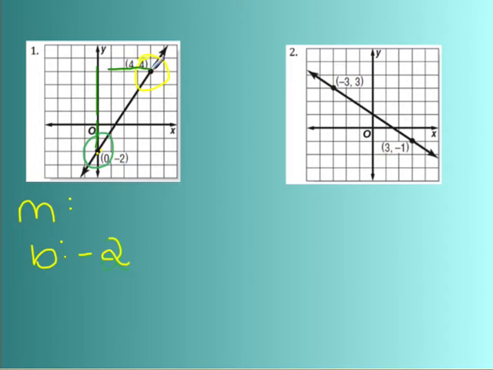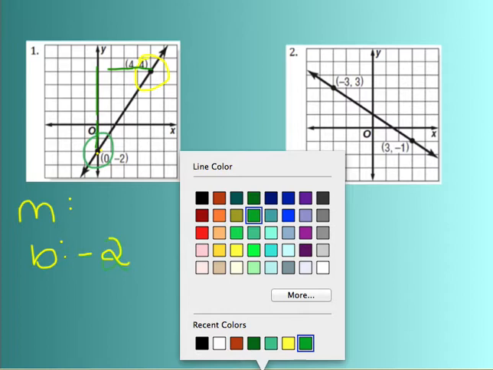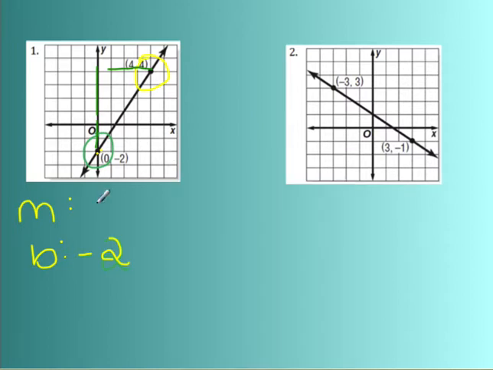So I went up 6 over 4. Whenever you go up, it's positive. Whenever you go right, it's positive. Whenever you go down, it's negative. Whenever you go left, it's negative. So 6 over 4 is a fraction that I can reduce. I can divide both by 2, and that gives me 3/2. I call that the triangle method.